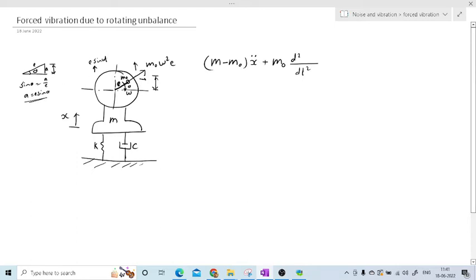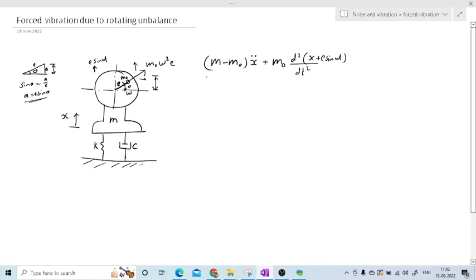So the vertical displacement of this mass is e sin omega t. So the actual total displacement of this mass is, along with the total mass, it will displace through x distance, and because of the rotation it is e sin omega t. So the total displacement will be x plus e sin omega t.